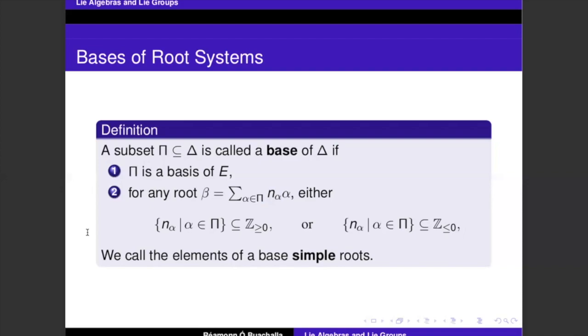A basis is a generating set for a vector space; you have a notion of a generating set for an algebra, a generating set for a group, and so on. For a root system, the generating set is a base. These are the conditions. And we don't call the elements of a base base elements, we call them simple roots.